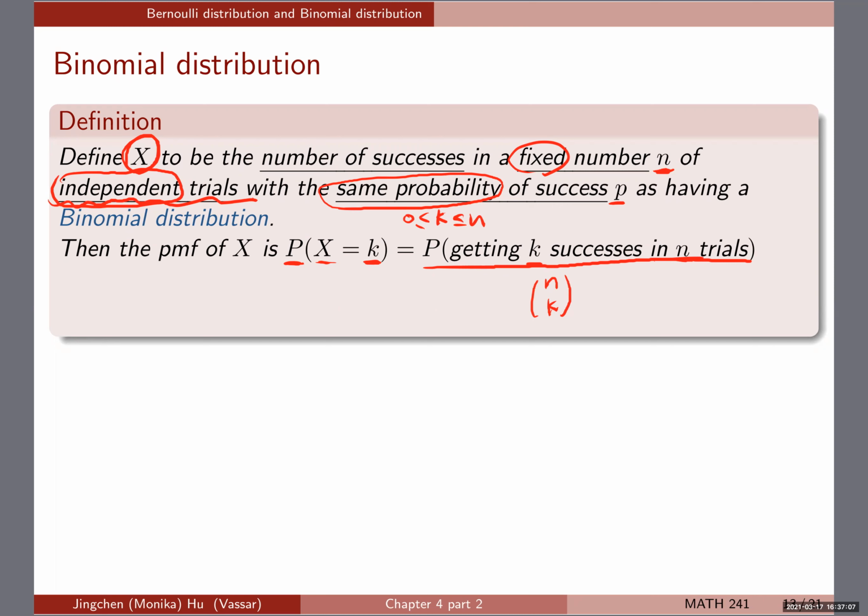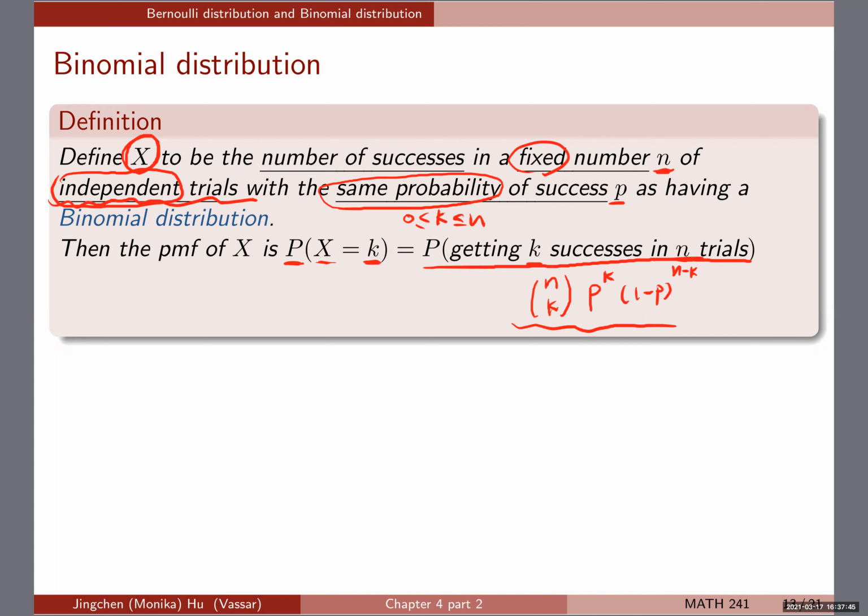Once we determine that, we multiply with the probability of getting those successes. The success probability is P, and we're getting k successes. They're all independent, so we raise it to the power of k. But don't forget that the remaining n minus k all need to be failures. So we also multiply with 1 minus P, the failure probability, raised to the power n minus k. This, like I said, looks very similar to the binomial theorem before, whereas there, A and B are just the number of possible outcomes that you're able to choose.